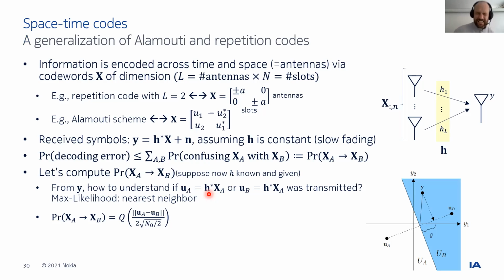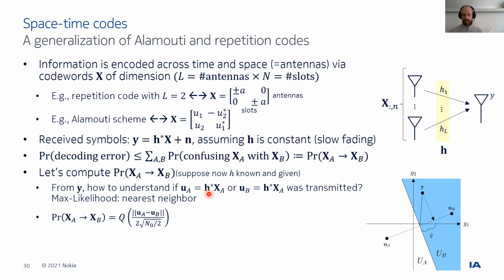So let's go to space-time codes just to conclude. Space-time codes, which sounds very futuristic at least, is nothing more than a generalization of what I just said, where information is encoded across time and space.